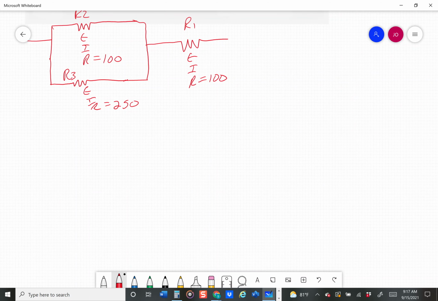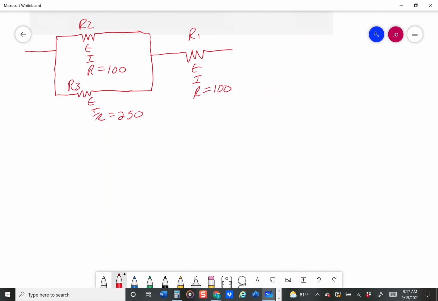All right, now we have to use our parallel rules and combine R2 and R3 and R1, so R2 and R3 combine together. I can use reciprocal method, the 1 over X, or I could use product sum.